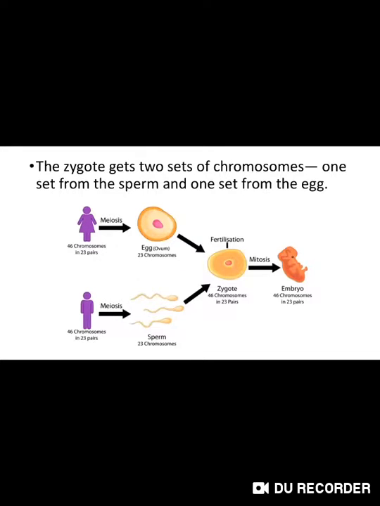So both of them have to go through meiosis, and this cuts the chromosomes in half. So they will form sex cells.